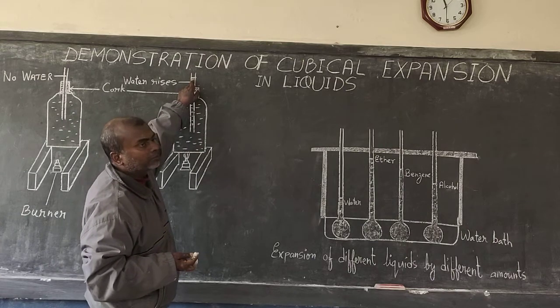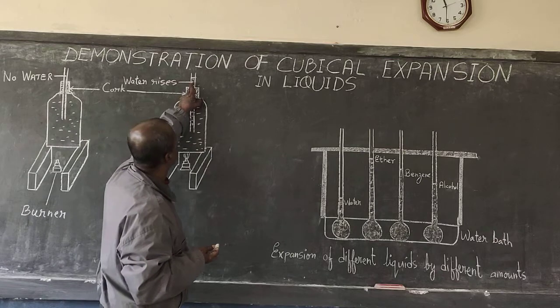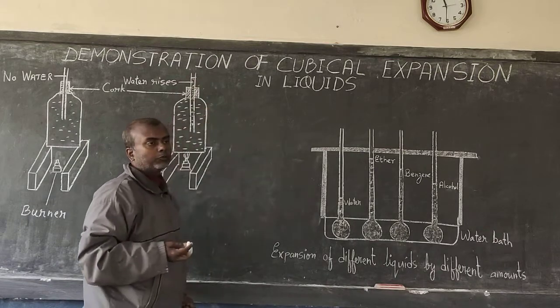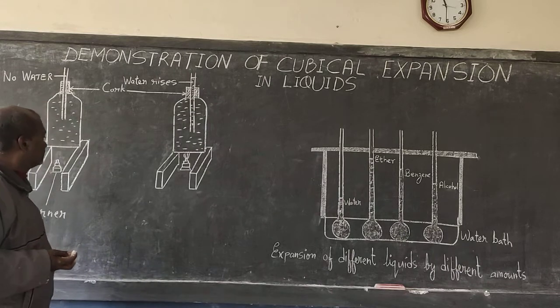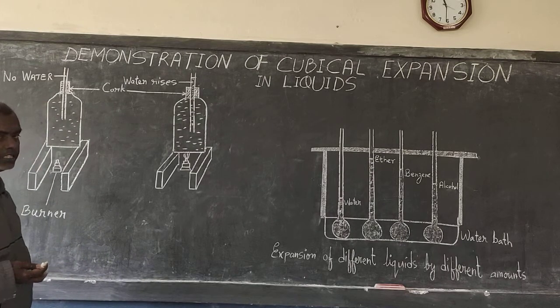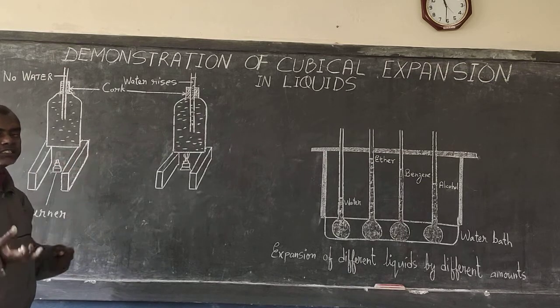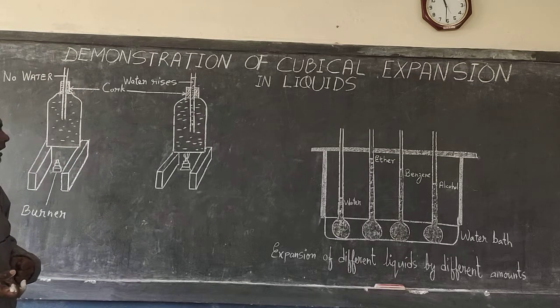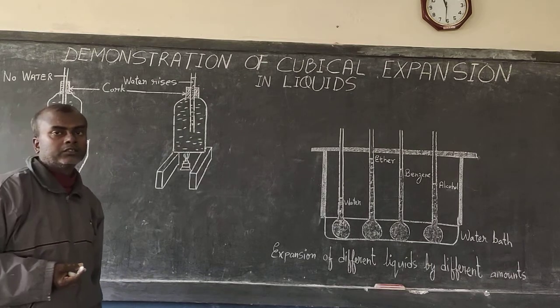If you heat it further, there will come a point when the water will rise and start spilling out of the pipe. So this proves that when you heat water or any liquid, it expands in volume, and this is one of the illustrations of cubical expansion in liquids.